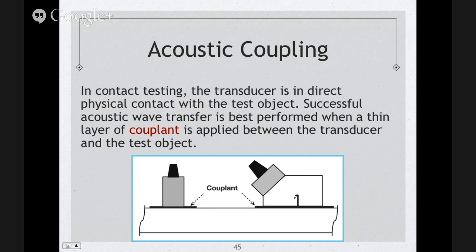And you could see how you have coupling, right? If you have no coupling, you'll just have maybe all of the reflection back into your shoe again, or back into your transducer. You would have no transmission. You want to put that coupling to increase the transmission factor.